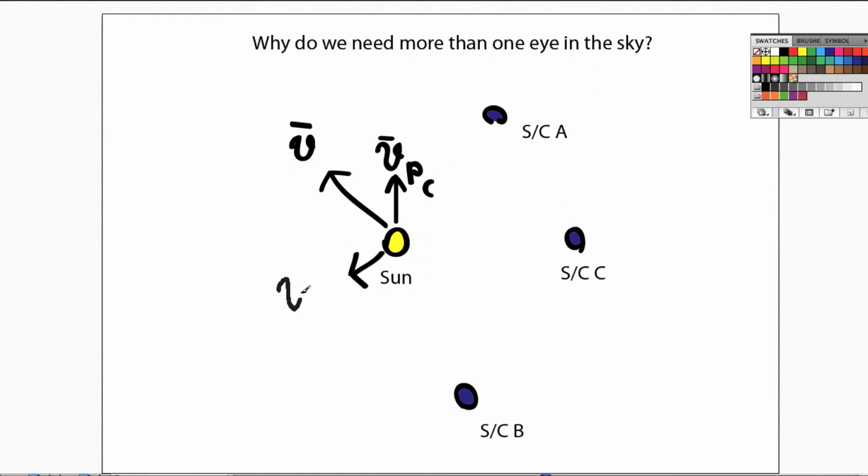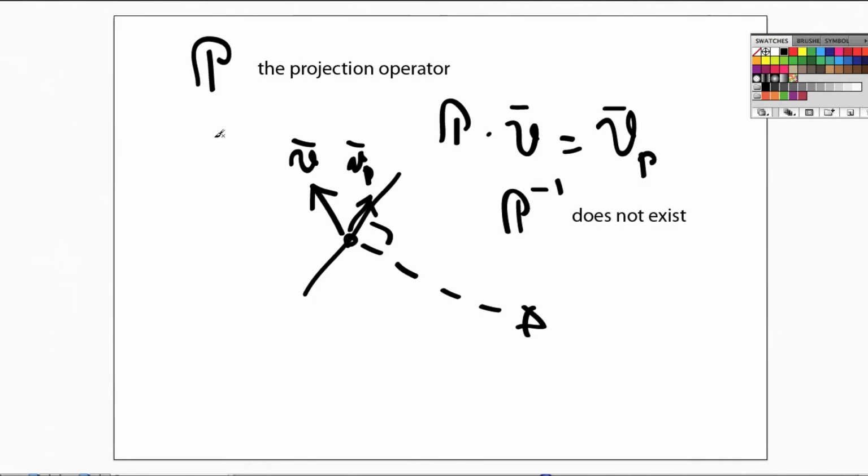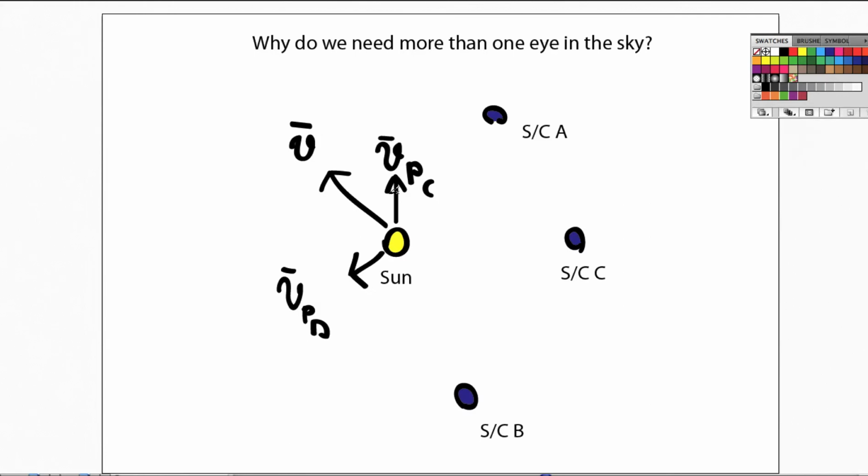So it will provide us VPB, the plane of sky velocity as seen by the STEREO Behind spacecraft. Now, how can we solve this problem? Let's do this in terms of the projection operator. We have essentially two equations here. These are observational information, VPC and VPB.